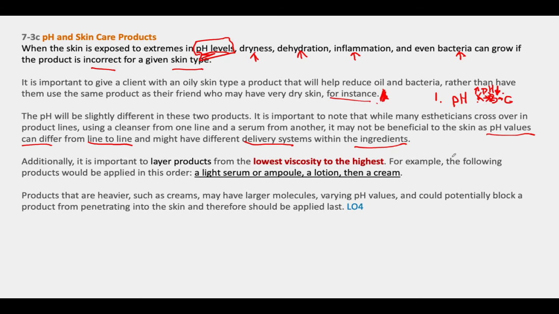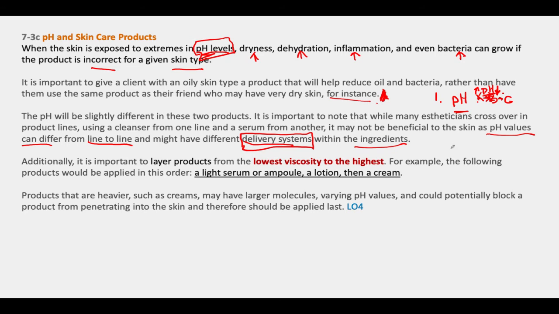But if you're mixing products from different vendors, then that adjustment of pH may not be there. And so that's why it's important to stay consistent in line and understand how that is impacting the pH. The second thing it's talking about is the delivery systems.